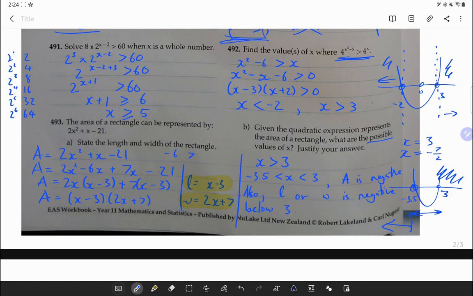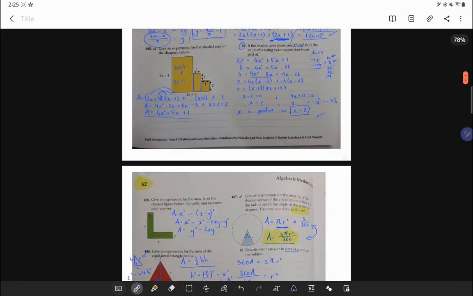So, yeah, to be honest, maybe this one alone justifies it all. Anything below that 3 here, one of them becomes a negative number. So it doesn't make sense. So there we have it.